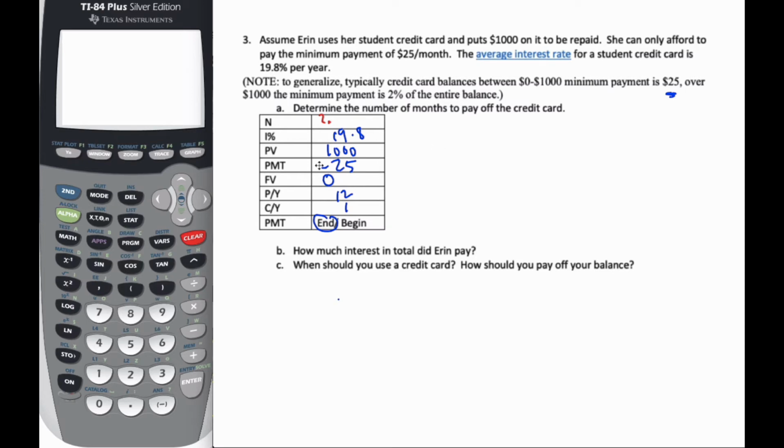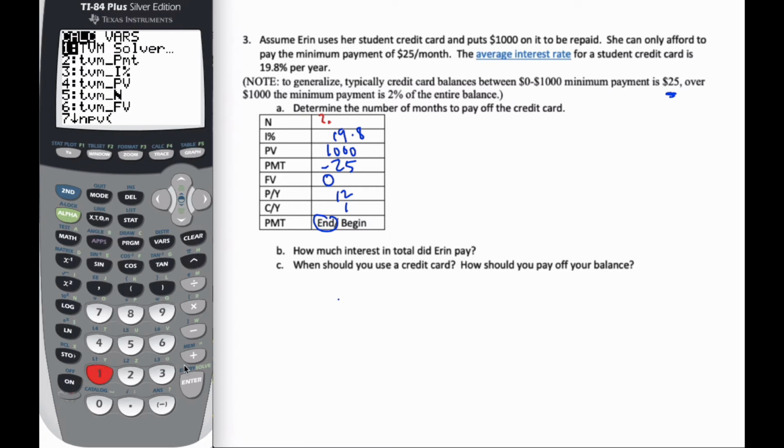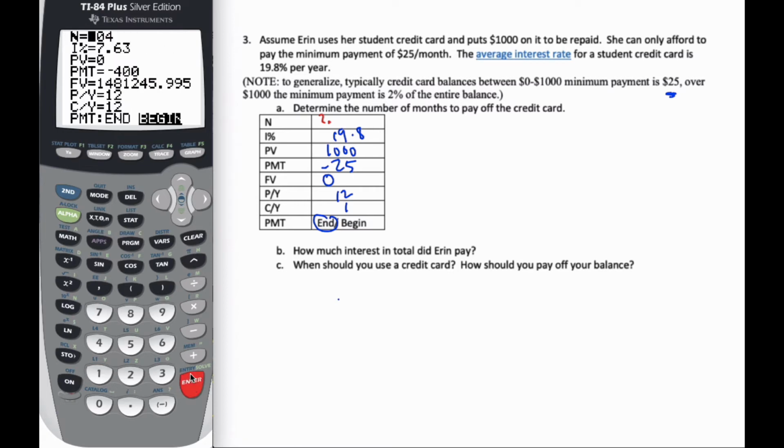So if I go to apps, and it's the finance app, in my TVM solver, I'm looking for N. So let's replace these values. I got 19.8. The present value, as I said, was 1,000. And if you do this kind of a question on a test, you have to write out this table yourself.